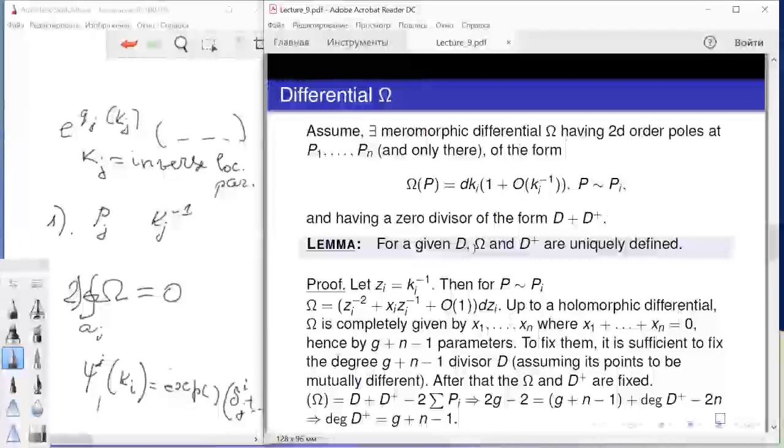And the statement is the following: if d is given, then omega and d cross are uniquely defined. They are determined by d, and this requirement of second order poles. Let me prove it.